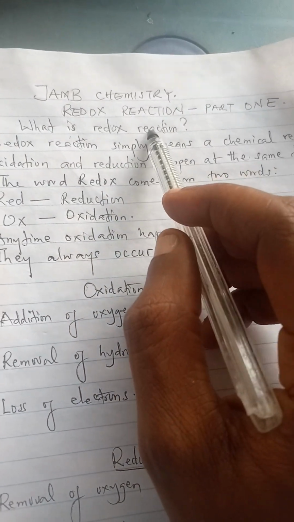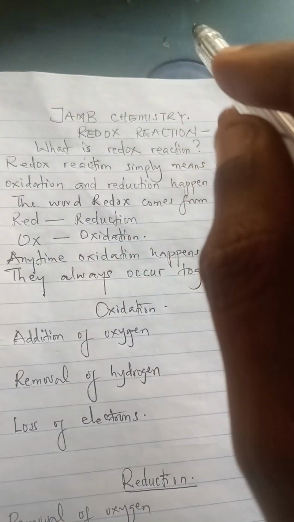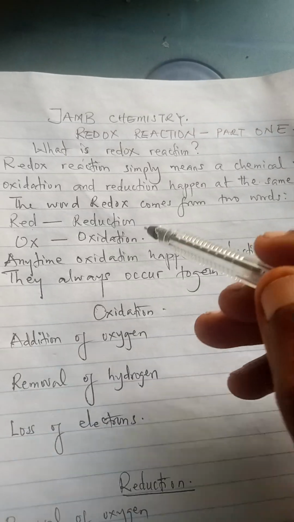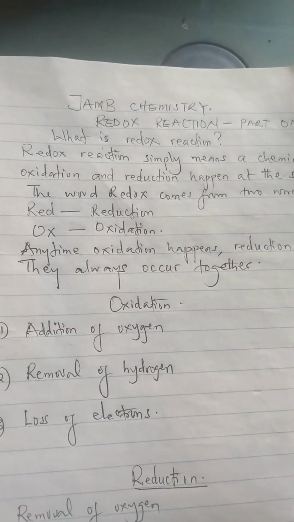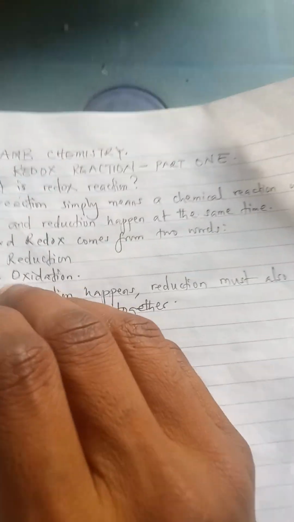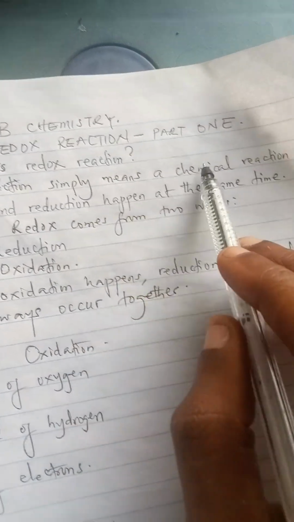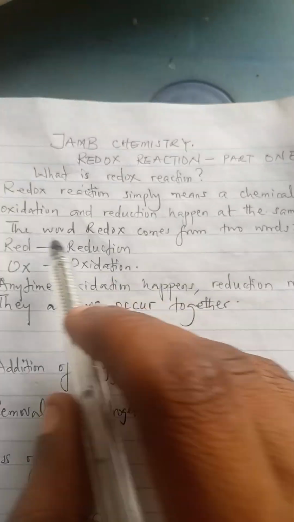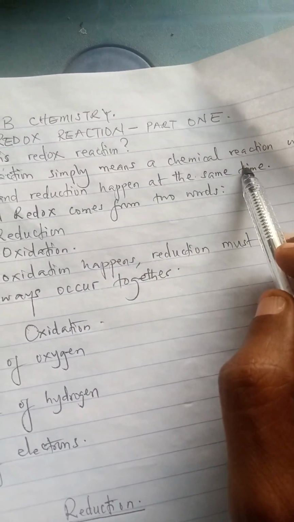So redox reaction is like you and your shadow. You cannot run and leave your shadow, and your shadow cannot run and leave you. There are two different types of reaction, and if one happens, the second one must happen. That is why they carry them together. See how I put it here: redox reaction simply means a chemical reaction where oxidation and reduction happen at the same time.